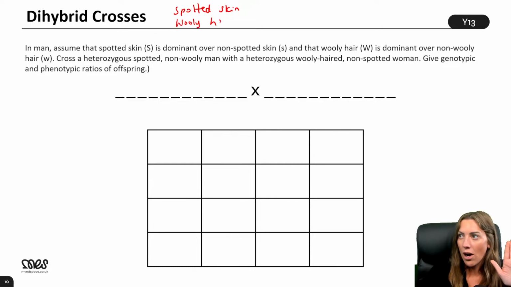What a random combination. This is the kind of combination you get in the exam. It's like a normal Punnett square that you did at GCSE, but you're looking at the inheritance of 2 genes simultaneously, just to step it up and make it a little bit harder for you.